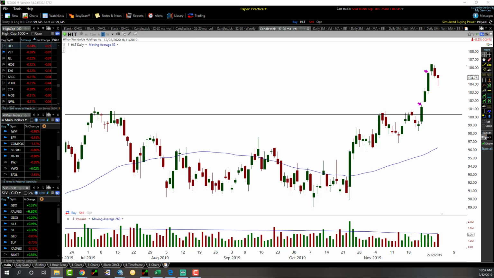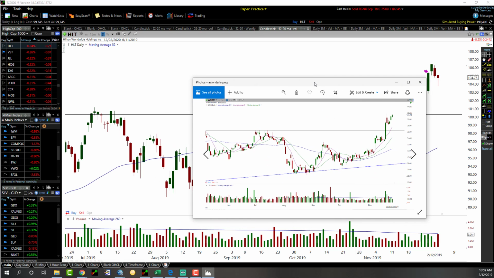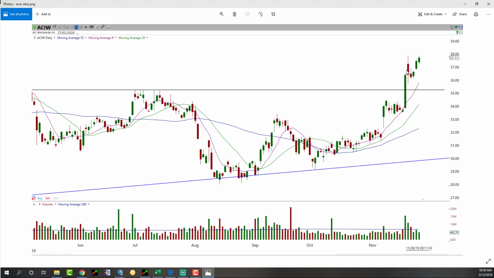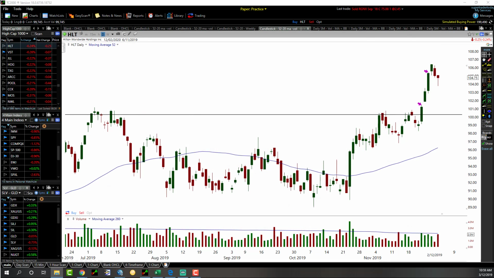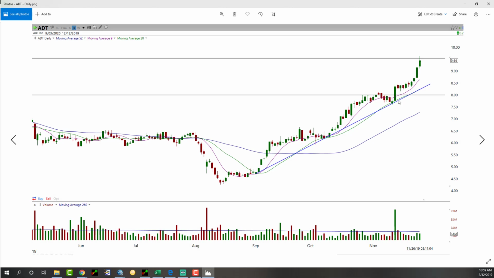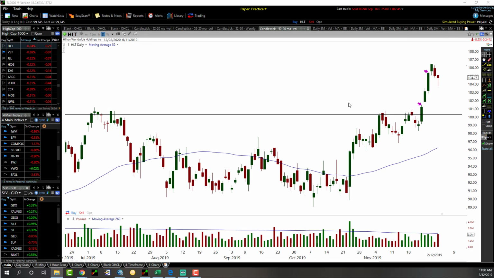Right, so yeah, this one here, ACIW, this was another trade. ADLT, in there, out there. So yeah, they're the trades that I did, and plus I use options on that as well too.